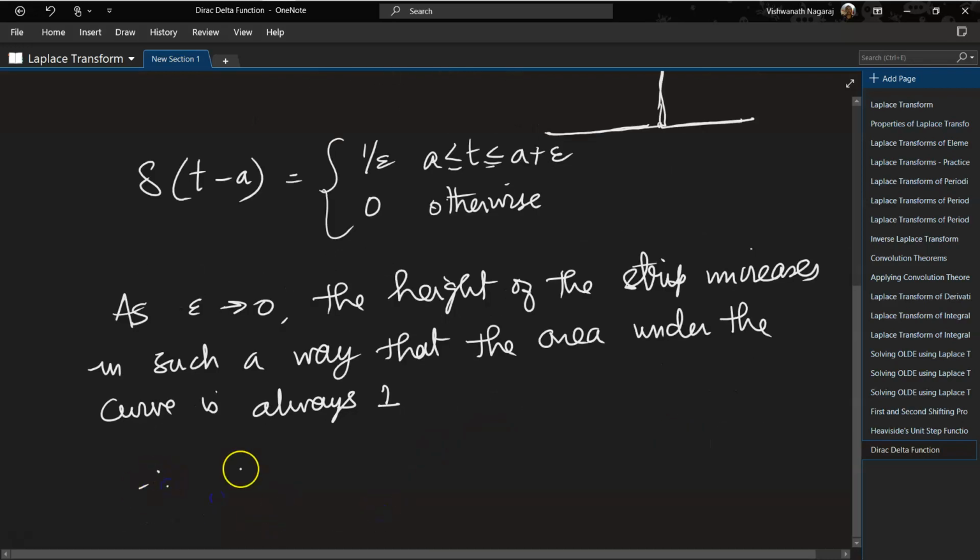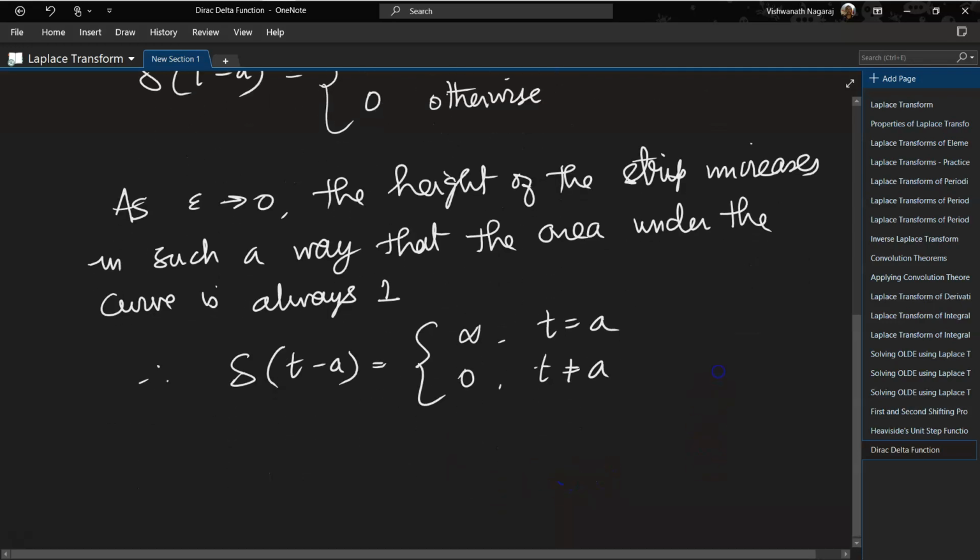Therefore we can say delta of t minus a tends to infinity when t is equal to a, and it is 0 when t is not equal to a.